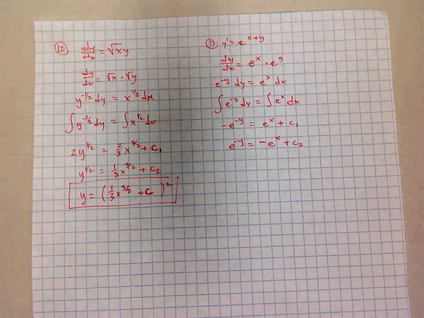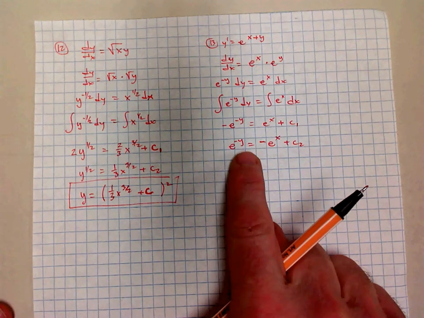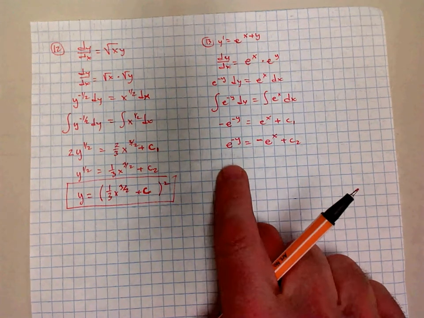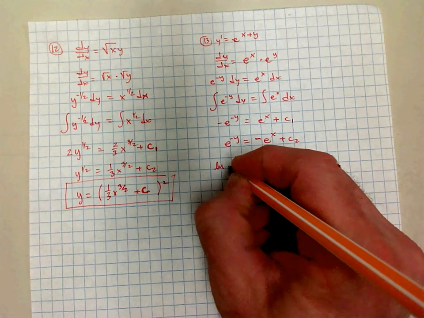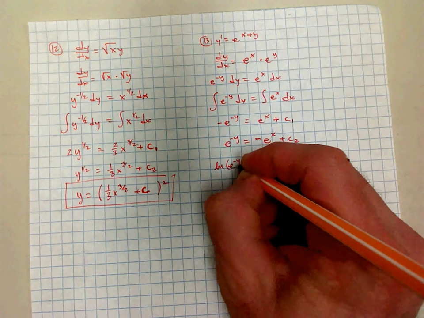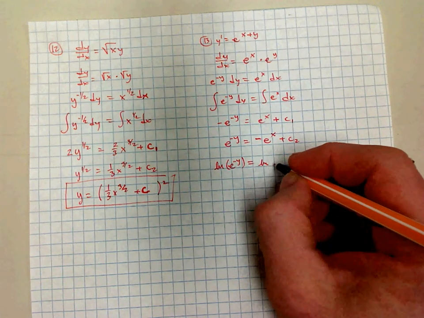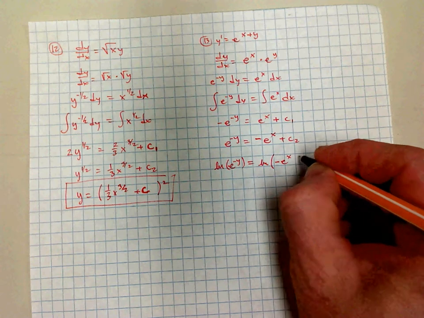All right? And then we do need to solve this to get y out of that exponent. We're going to take the natural log of both sides. So this will be the natural log of e to the negative y equals the natural log of negative e to the x plus our c2 value.